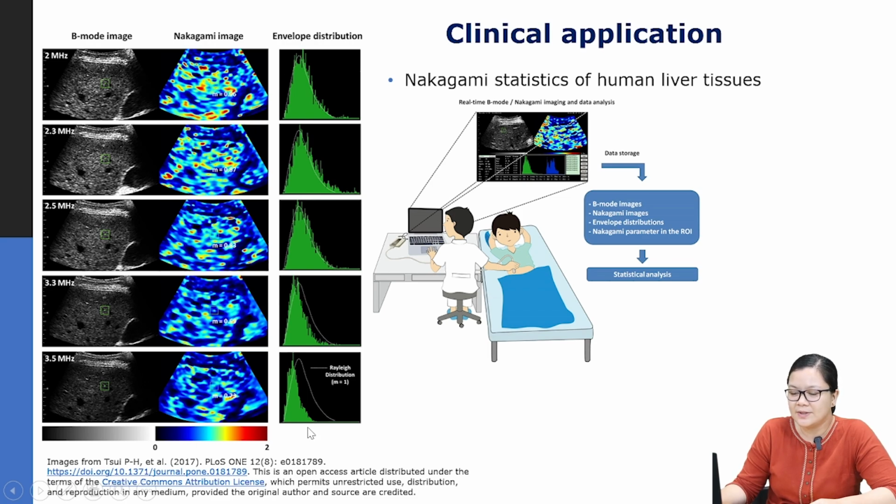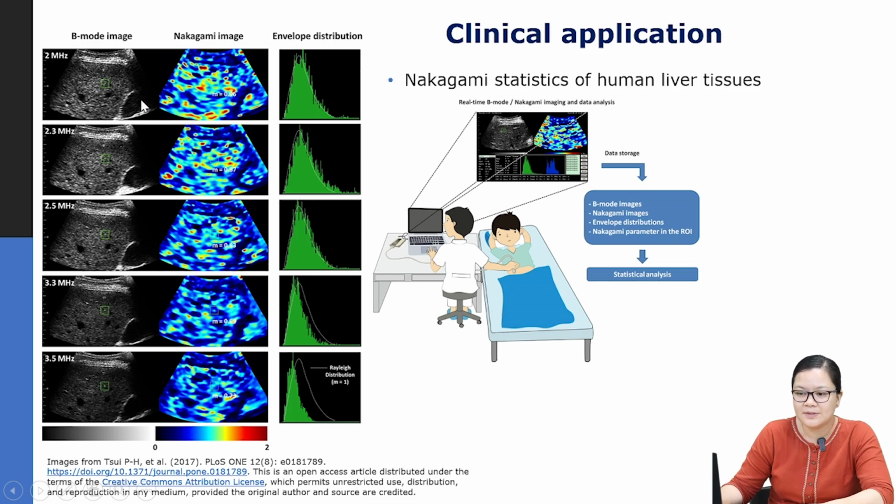And on the right, we showed the envelope distributions, where the green bars correspond to the actual distribution values of the envelope amplitudes. And the yellow curve that you can see here corresponds to the fitting of a certain model. So in this case, the Rayleigh distribution was fit onto the probability distribution function.